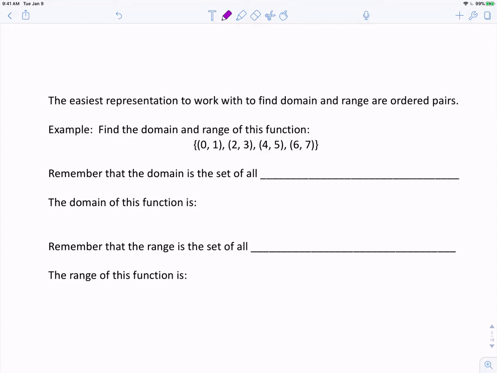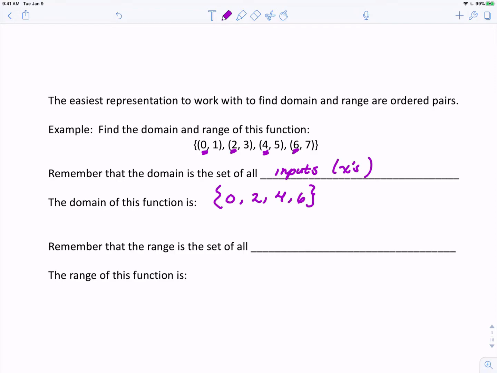So remember that the domain is a set of all the input values, or in other words, all of the x's. So the domain of this function, if we look at this set of ordered pairs and look at the x-coordinates, would be 0, 2, 4, and 6, and we often write the domain as a set, meaning we put little squiggly brackets around it.